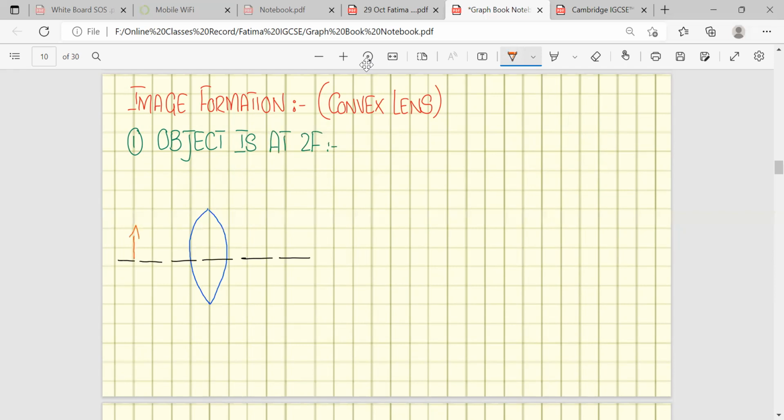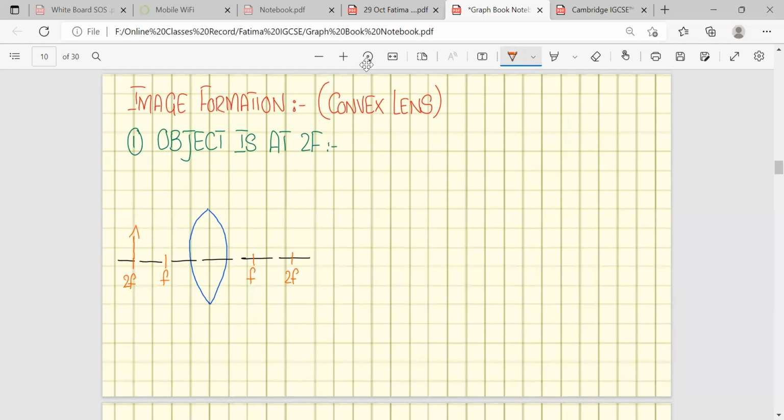This distance will be equal to 2f. So this becomes our f, and this is also f. Twice the focal length is equal to 2f, right? This is our first case, when the object is placed at 2f.